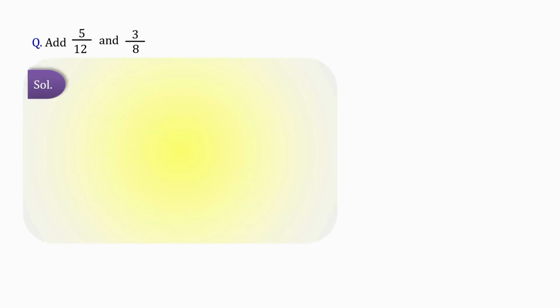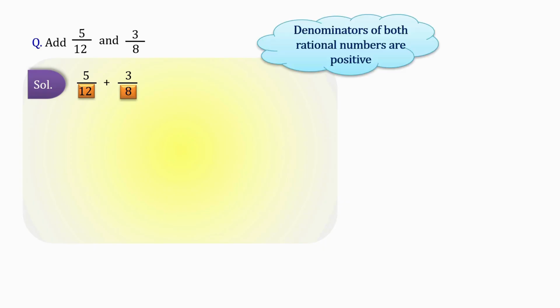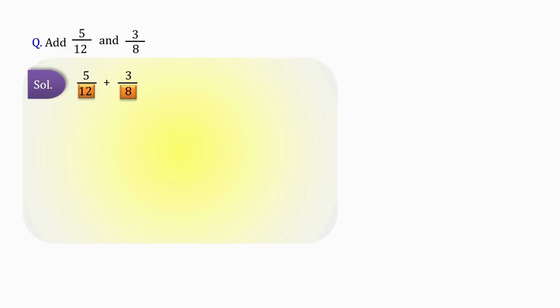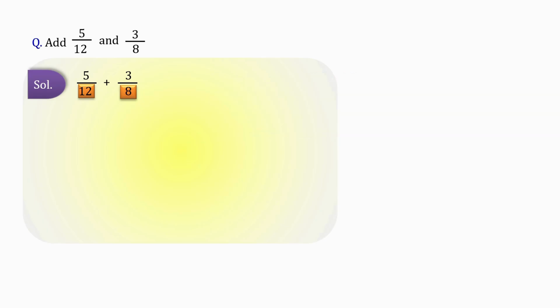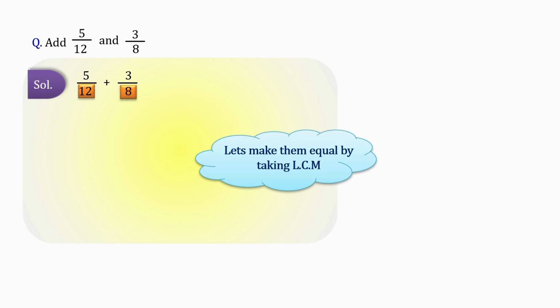Add 5 by 2 and 3 by 8. So here the denominators of the rational numbers are positive, but the denominators of the rational numbers are not equal. So we have to take the LCM to make them equal.